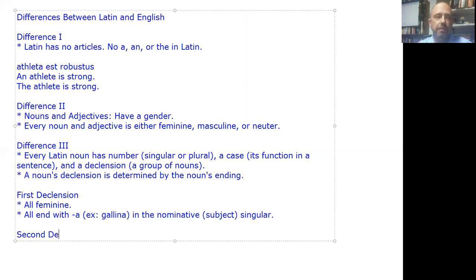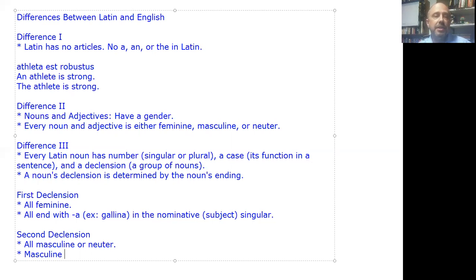Second declension, which I forgot how to spell declension, is all masculine or neuter. Okay, all masculine or neuter. Masculine ends with us, usually. That's an important qualifier here. Usually, some nouns break the rules, right?